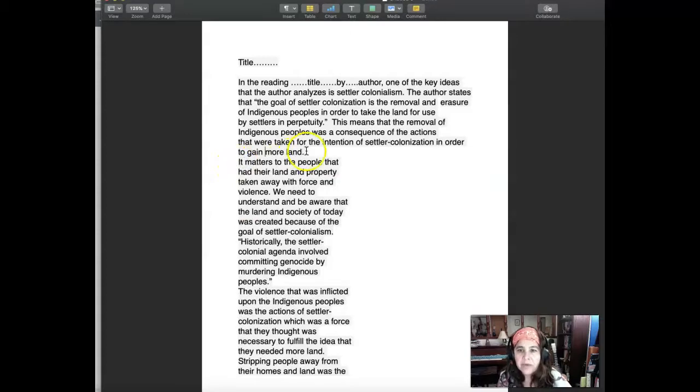So maybe I only would add here, that means that the actions that were taken by the colonial powers, let's say, and that's it. So very little I'm adding new. She already wrote this, no?